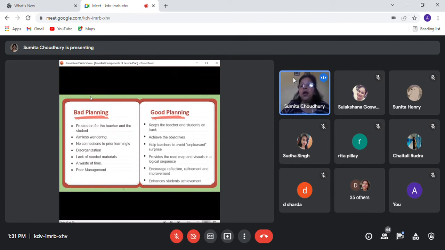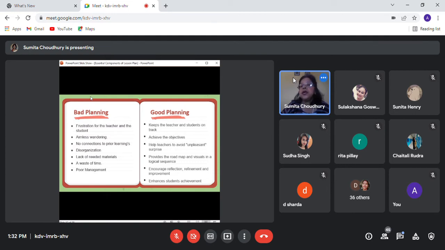Now, that is good planning. When we know the risks and effects of bad planning, understanding the advantages of good planning becomes very easy. These are some of the effects and uses of having a good lesson plan.